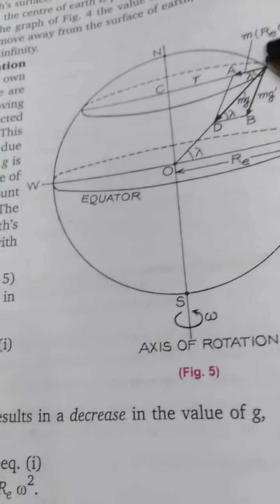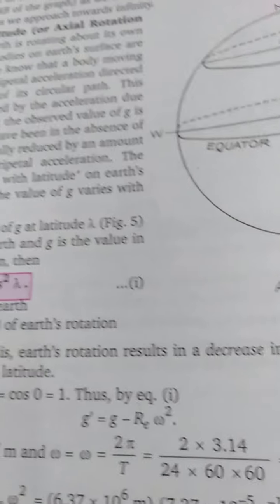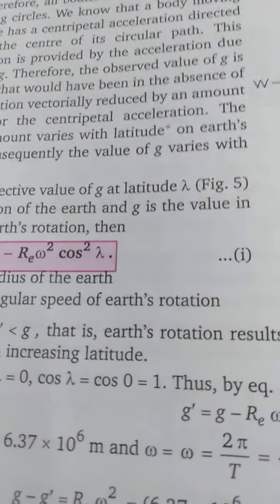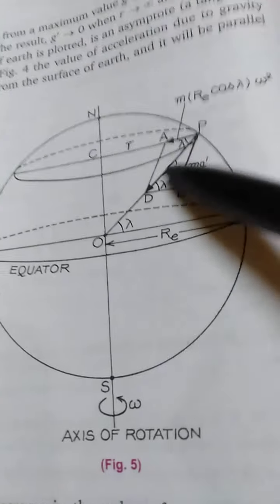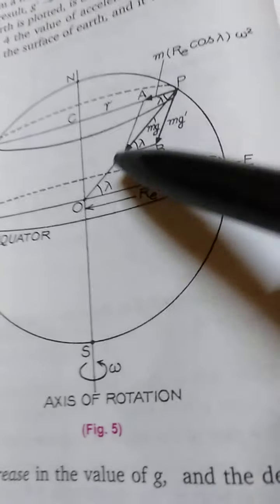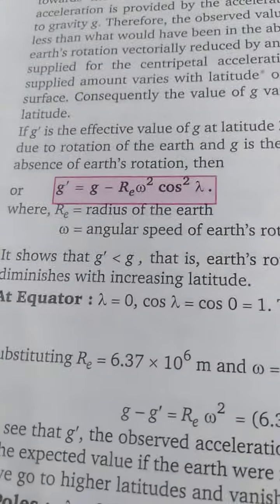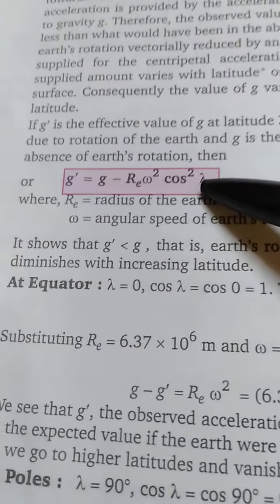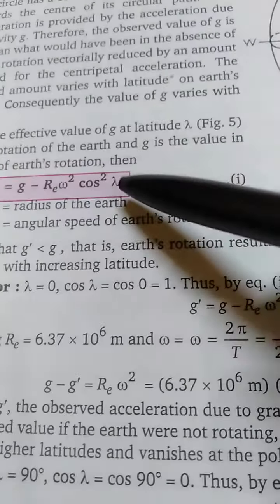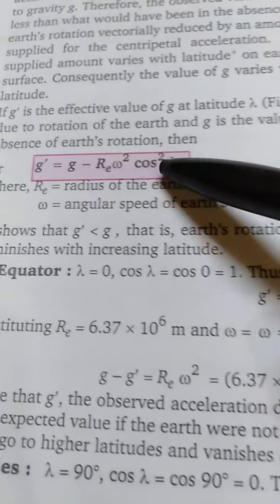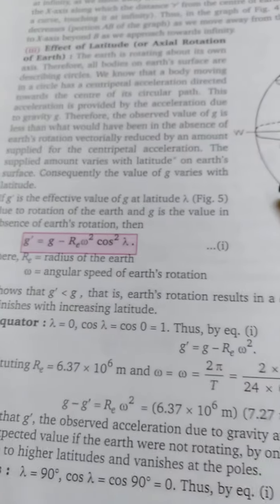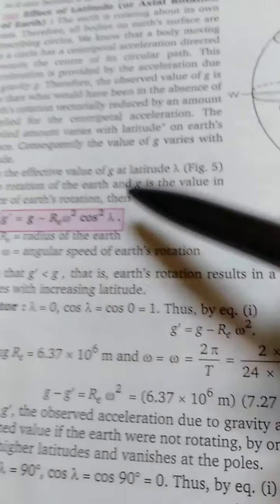This m Re omega square cos square lambda is actually the component of centrifugal force which is decreasing our weight. So we experience less weight. If the Earth stops rotating, then our weight will increase. This is the effect of rotation on g.